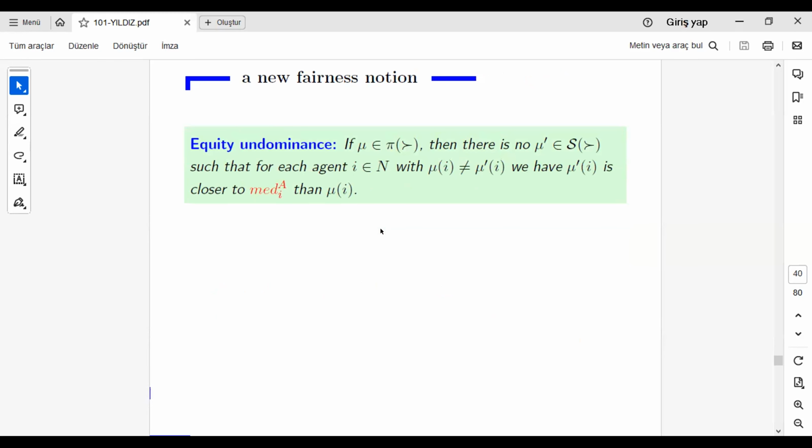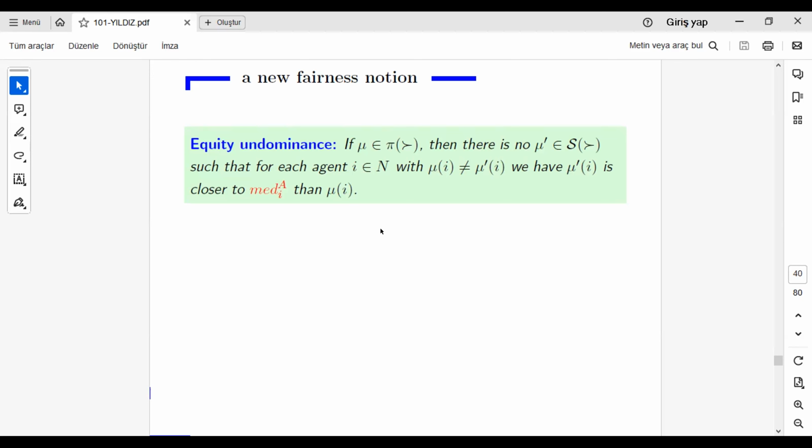Okay, now getting close to concluding, here we have a simple intuitive notion of fairness that we call equity on dominance. We would like to pick a stable matching that satisfies this criterion. But typically there will be many that fulfill this condition.